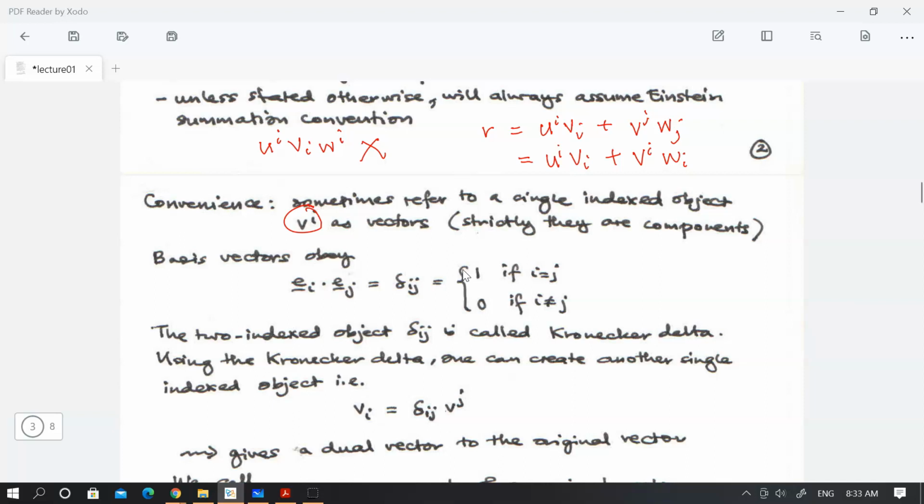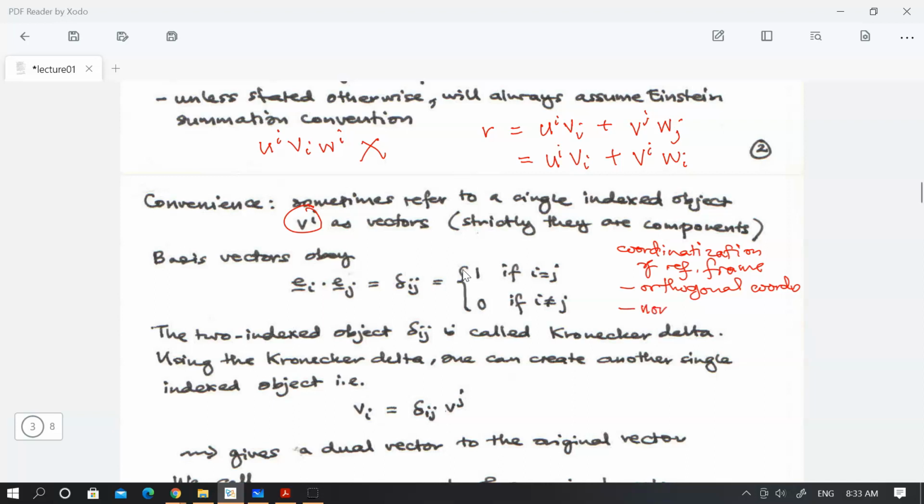And then the other thing about basis vectors. This goes back to reference frames: you can coordinatize them with different coordinates. In the normal context you use orthogonal coordinates.